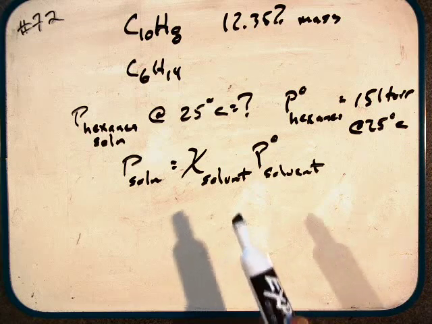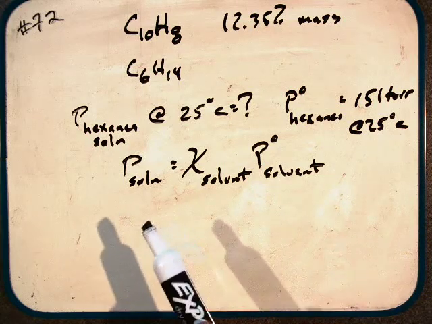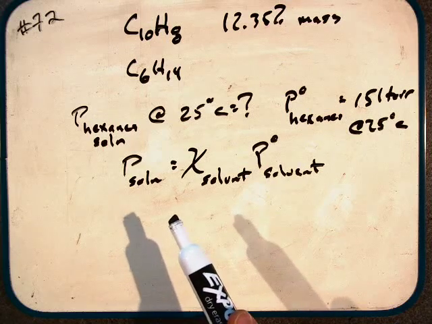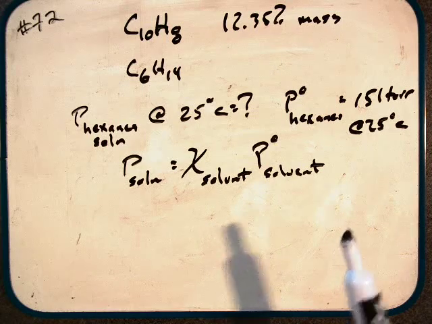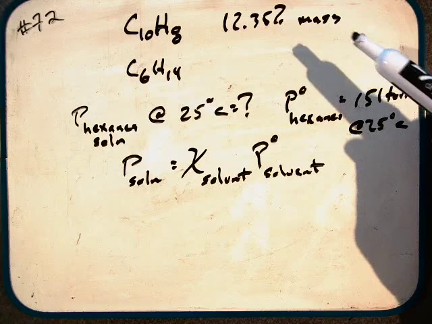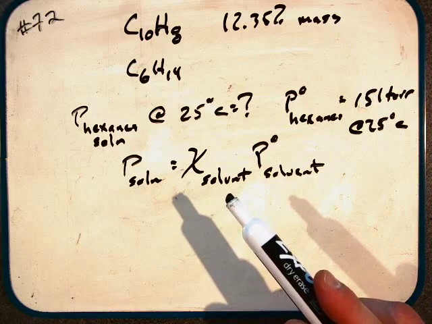We need to determine the mole fraction of the solvent in order to answer the question, which is asking what is the pressure of the hexane solution. We need to use this percentage by mass in order to determine what the mole fraction of the solvent actually is.